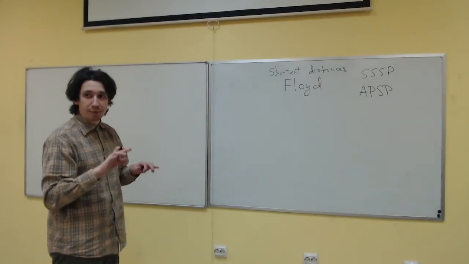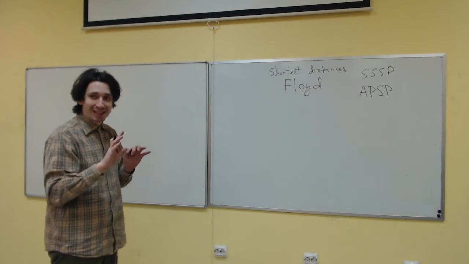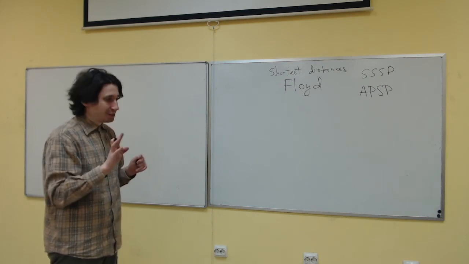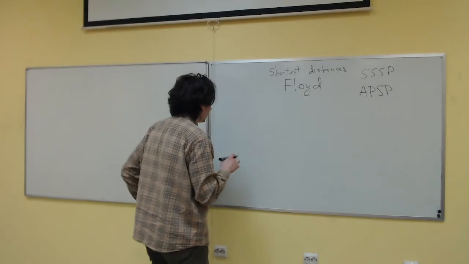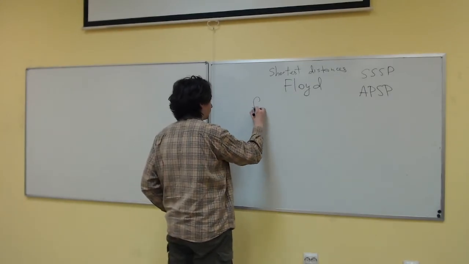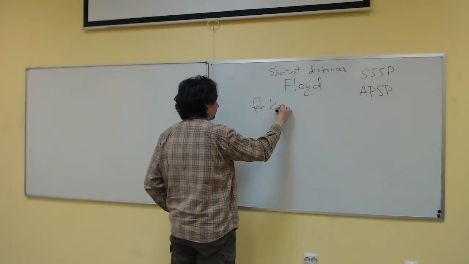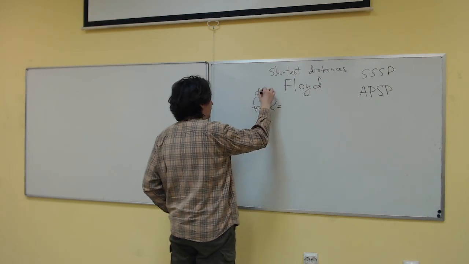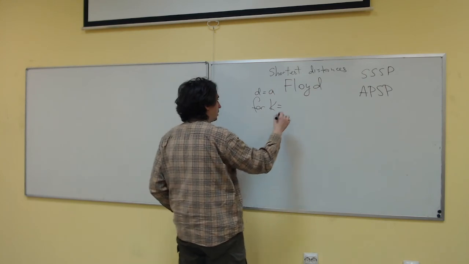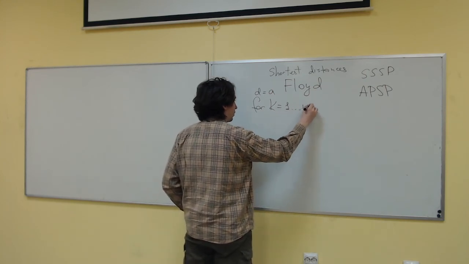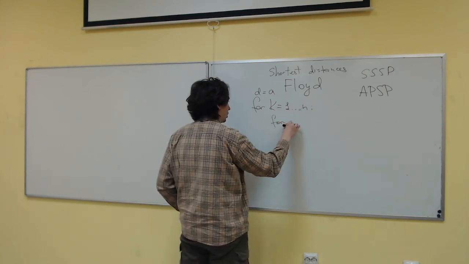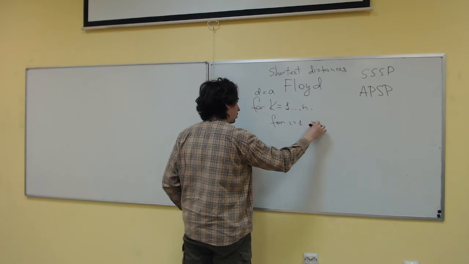Now I will write the magic algorithm that suddenly works, and we will talk about that. So we have array D, which is equal to the adjacency matrix at the beginning, and then for i, for j, for k.